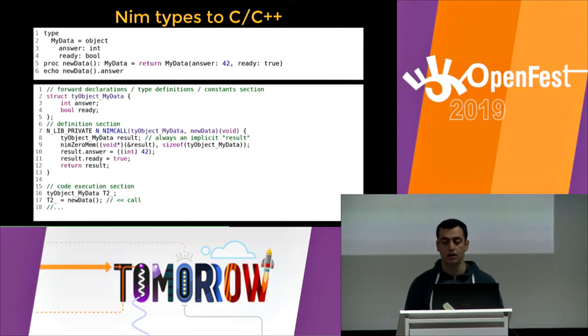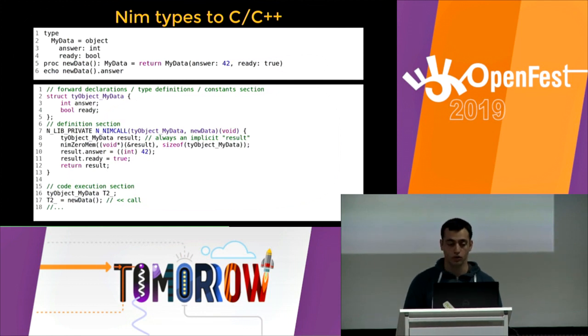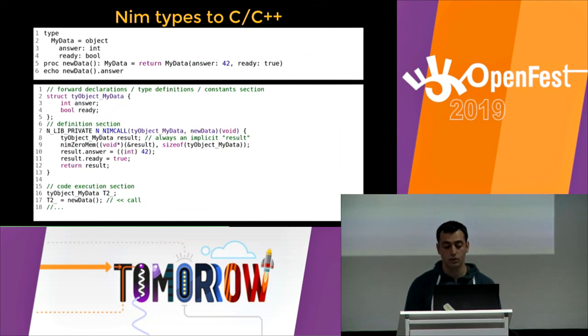Our type is just a regular C struct with only the fields we actually told it, because it's a really straightforward type. The function which constructs our object is, again, nothing too special. We have a result of the type, we set the specific fields, and then we return it. And the usage is, again, nothing out of the ordinary. This is C code.